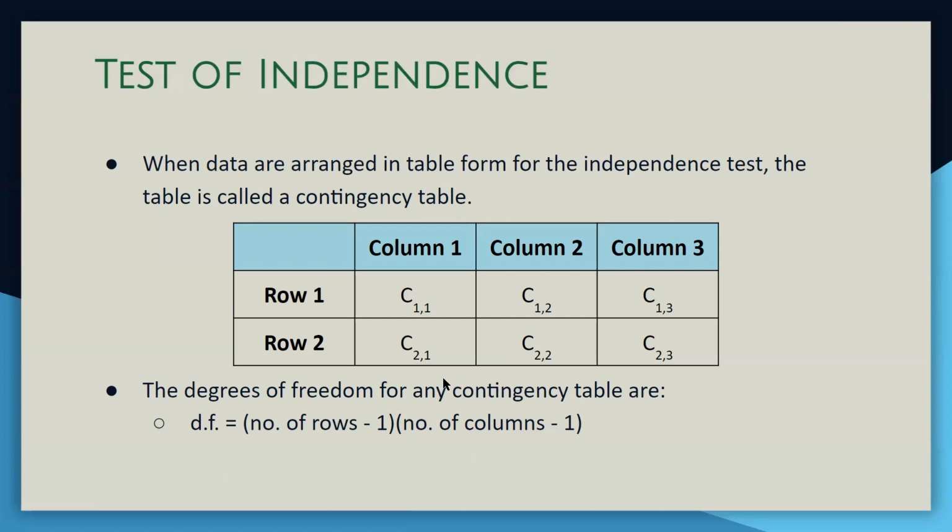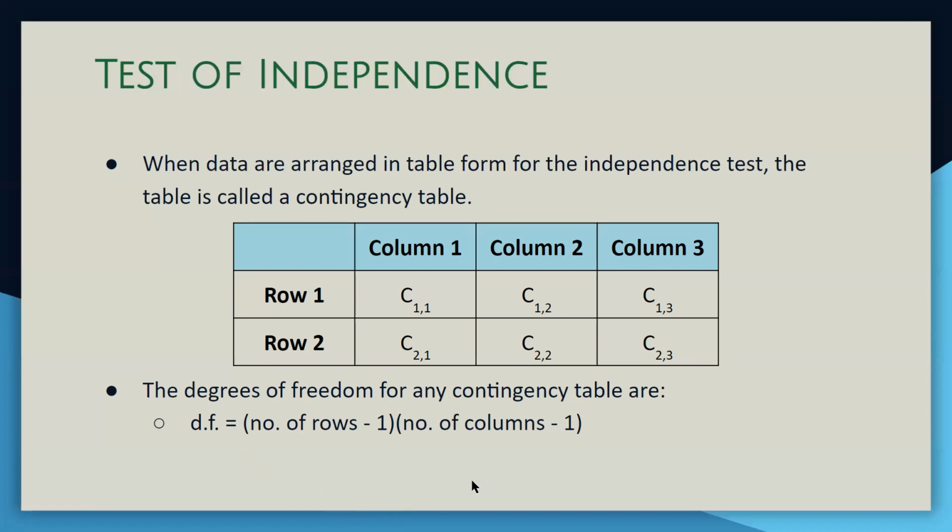So row 2, column 3 would be C23. Row 2, column 1 would be C21. We're going to use that to refer to cells in the table. The upside is this becomes less important when we use technology. This type of notation is super important if you're doing these tests by hand, but we're not going to be doing that.